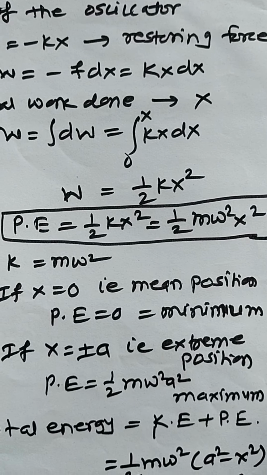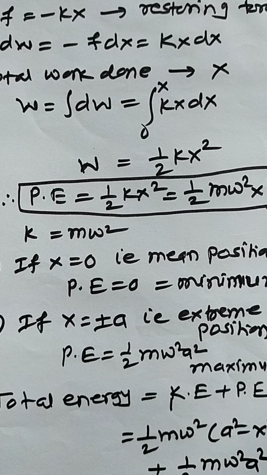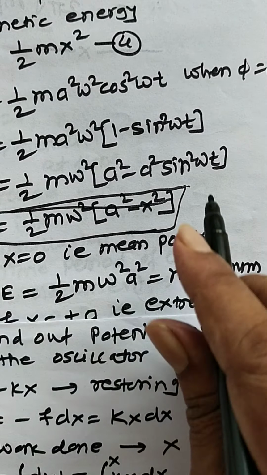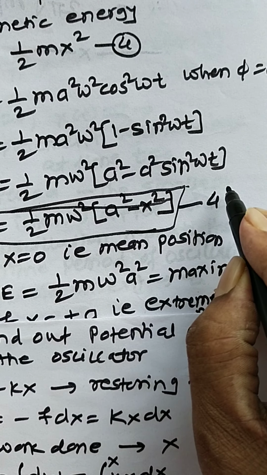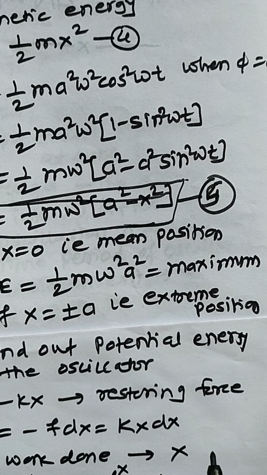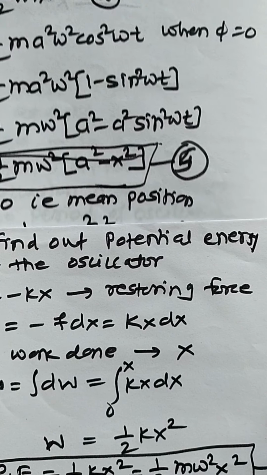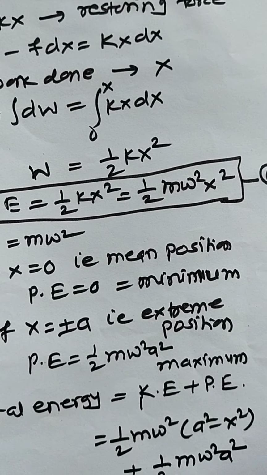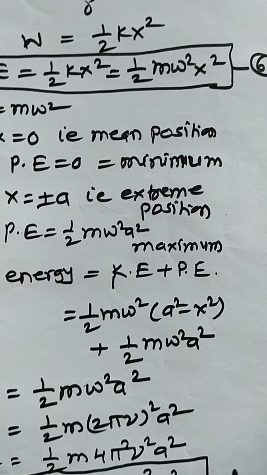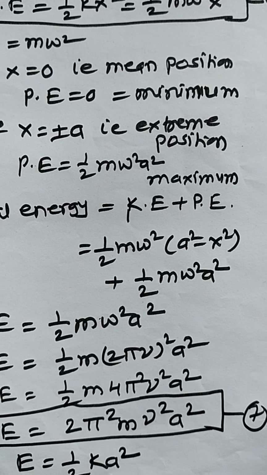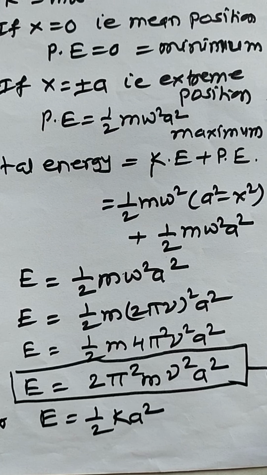When we give numbers to these equations, this is equation 4, this is equation 5, this is equation 6, and this is equation 7.